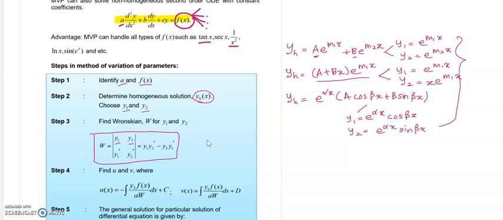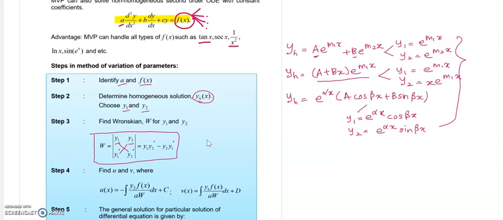The computation of W is similar to the process of finding the determinant of a 2 by 2 matrix. Basically we have y1 multiplied by y2 prime, minus y2 times y1 prime, and we will have our W. In this case, W is in terms of x, not a number, because our y1 and y2 are in terms of x.